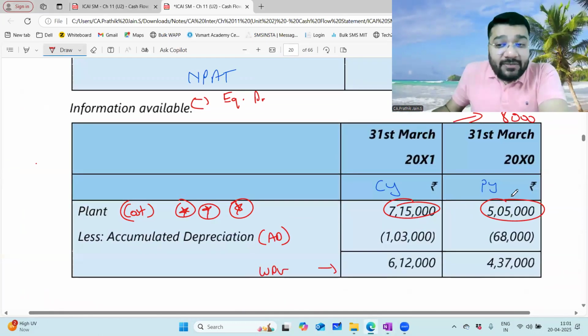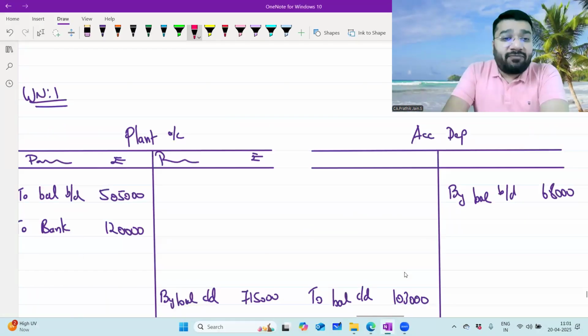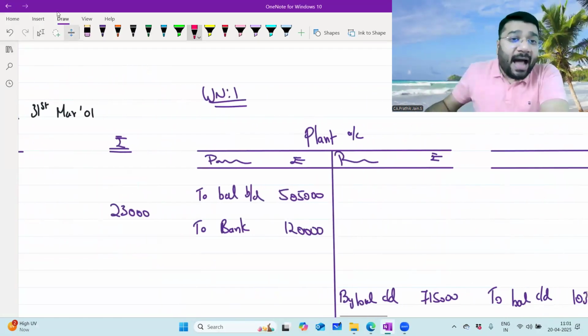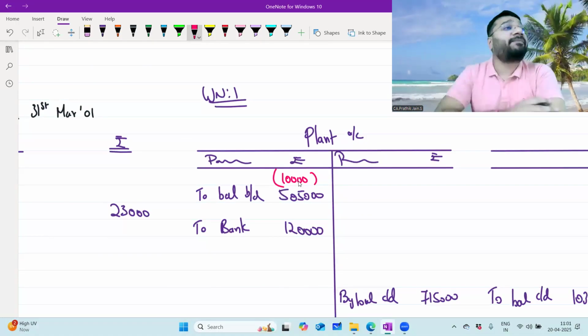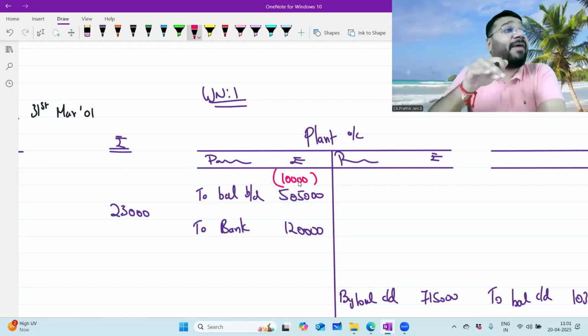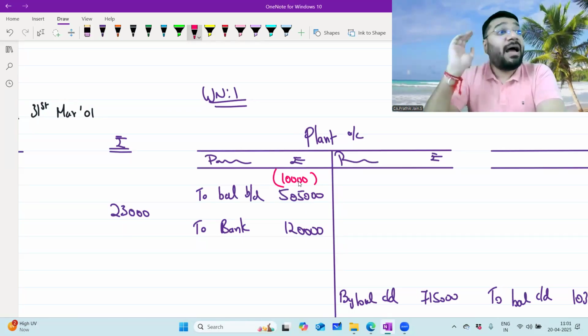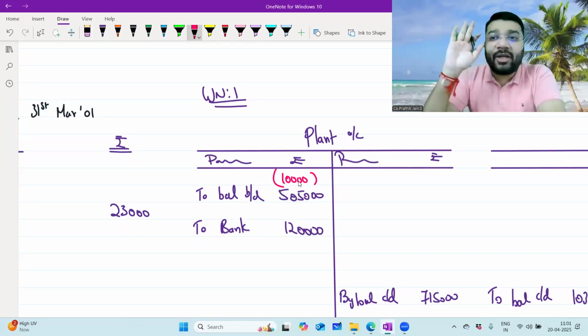In the opening balance 5,05,000, I have 10,000 worth of asset at cost. Will you agree or not?